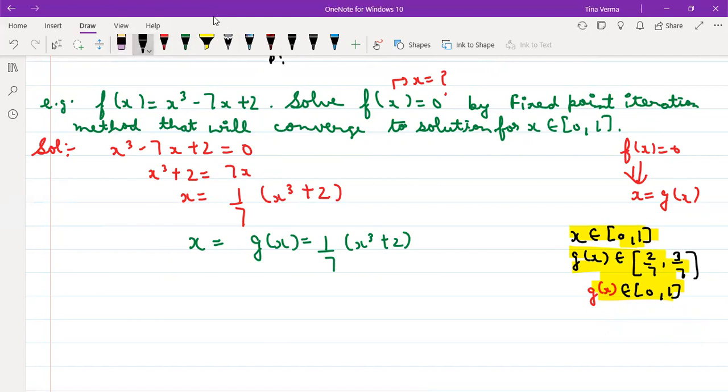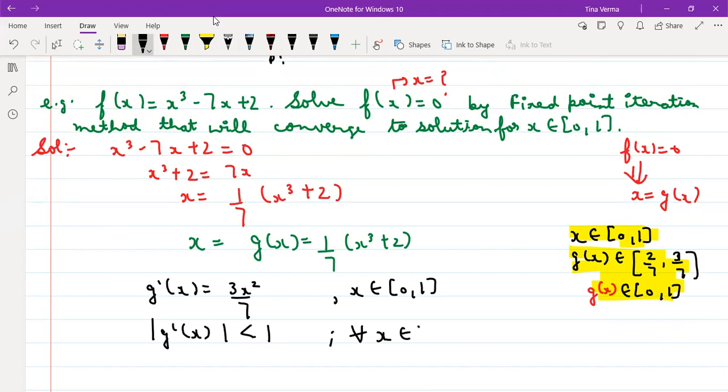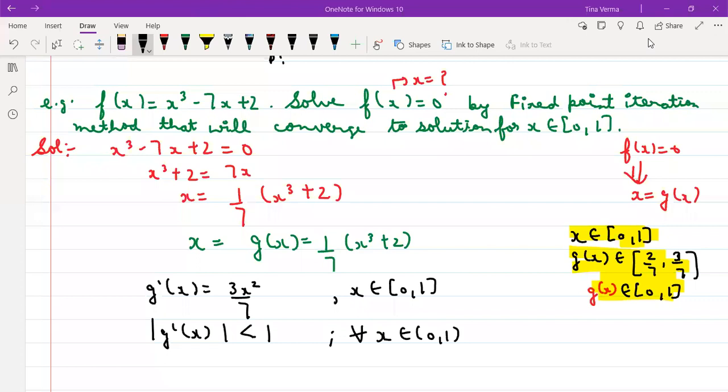So even in this case you can find your g dash x. g dash x will be 3x square by 7. Since x belongs to the interval 0 1, the modulus of g dash x will remain smaller than 1 for all x belonging to the interval 0 1. So g dash x will be less than 1. That means all the conditions of the theorem are satisfied.